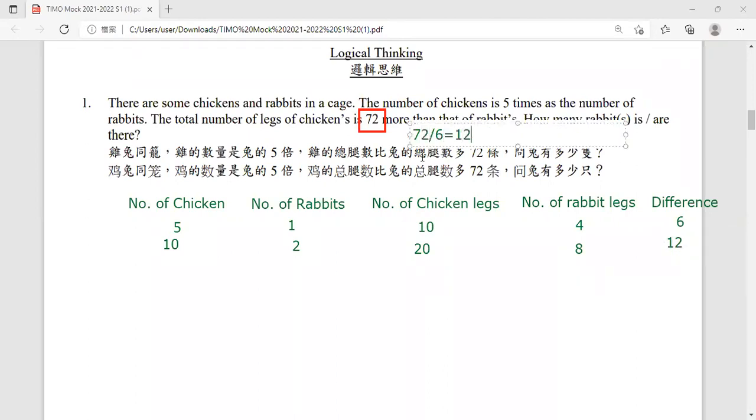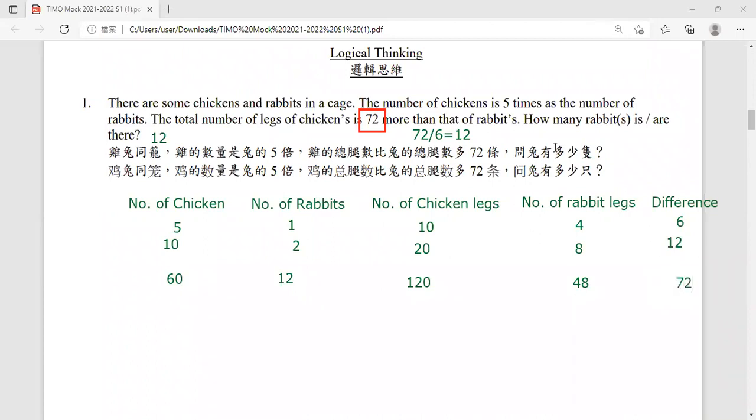So I know that the number of rabbits will be 12. Finish. The number of rabbits is 12. With 12 rabbits, the chickens will be 60, so 60 times 2 is 120, and this is 48, and the difference will be 72.